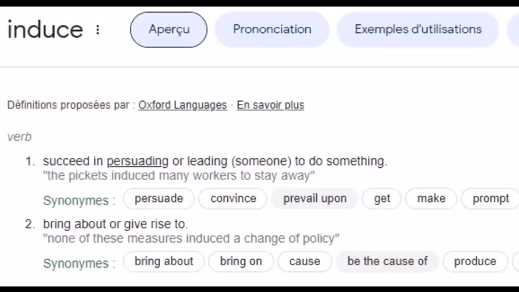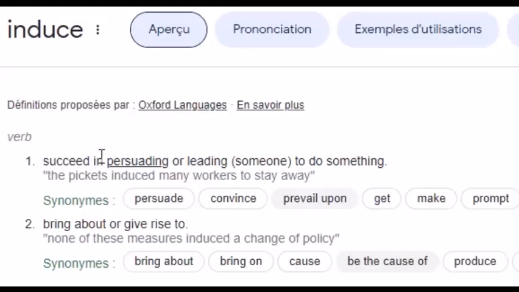As there are many non-English native speakers here, I'll explain induced debilitation for you. To induce means to succeed in persuading someone to do something. It's like coercion, but then it's the end of it.